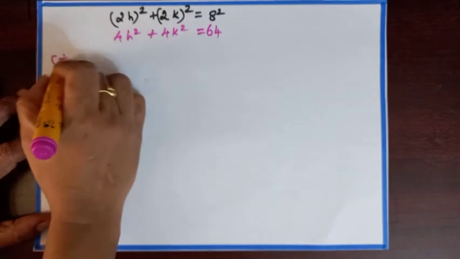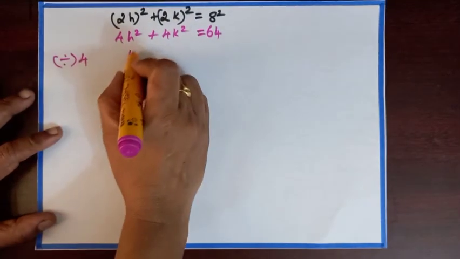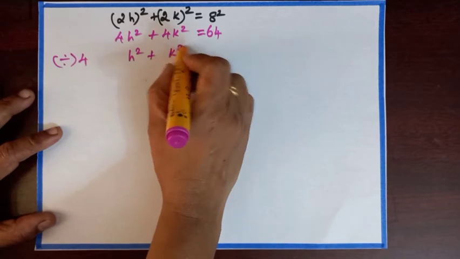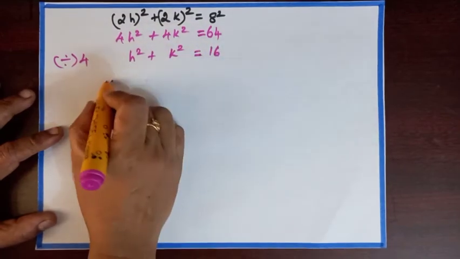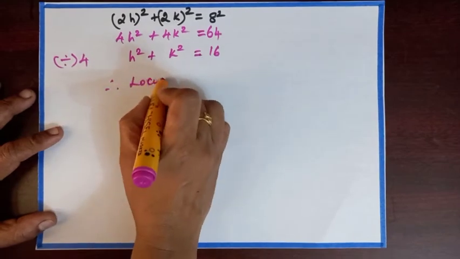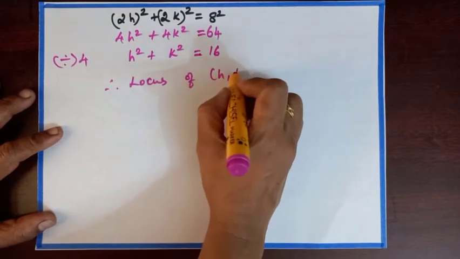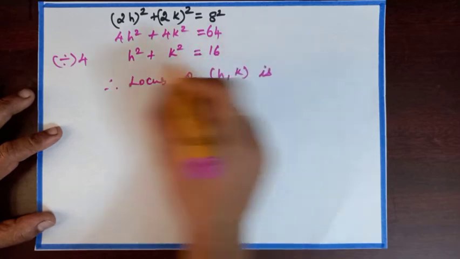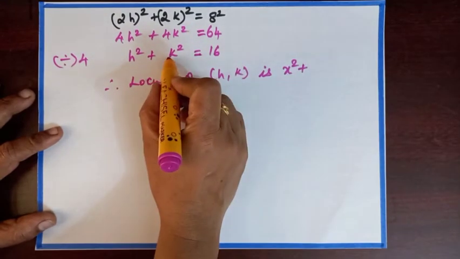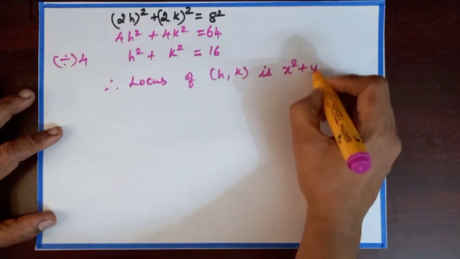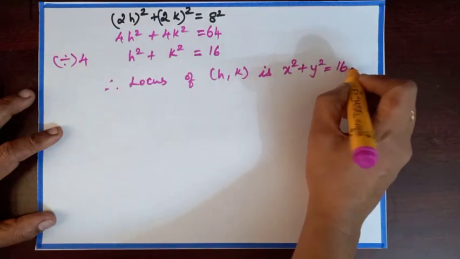Now divide this by 4. Then we get h square plus k square equal to 16. Therefore, the locus of (h, k) is, replacing h by x and k by y, x square plus y square equal to 16.